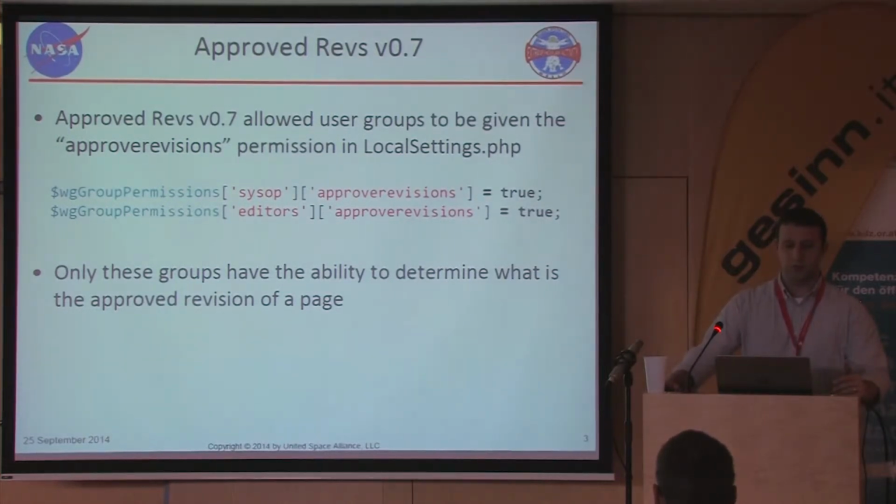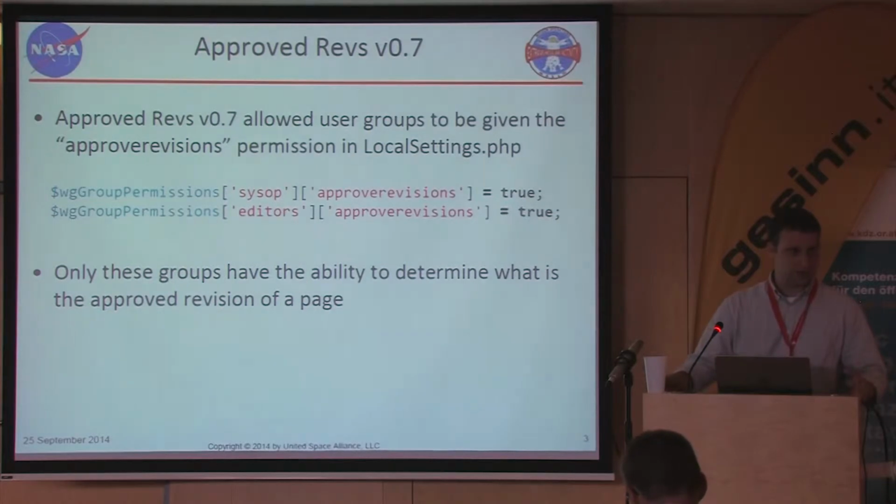So when an administrator defines who can approve pages in the current 0.7 version of Approved Revs, basically in the local settings, you define certain groups. In this case, we've got sysops and editors. They have the approved revisions right, as it's set to true there, whereas normal users and people of other groups won't have that right.